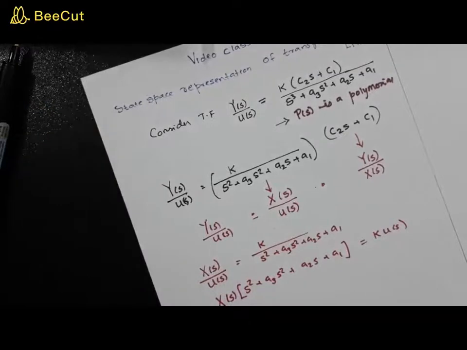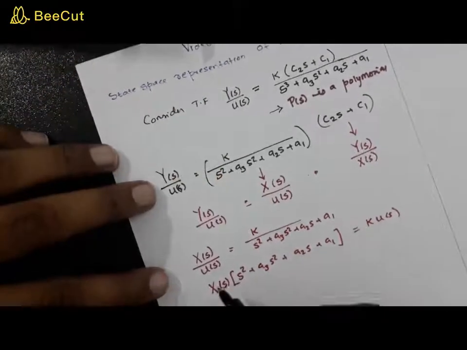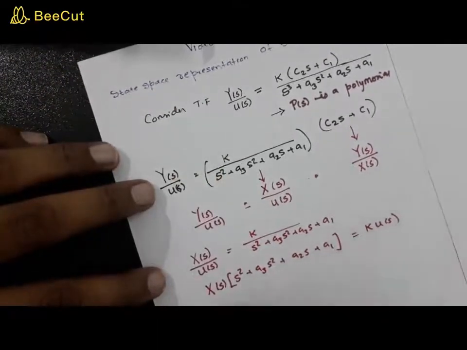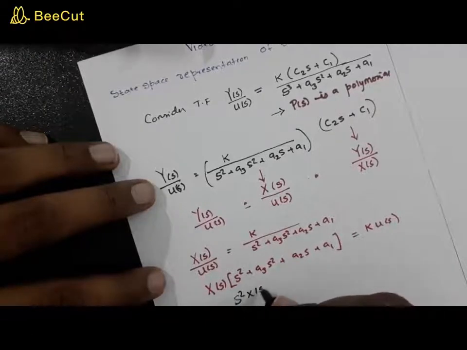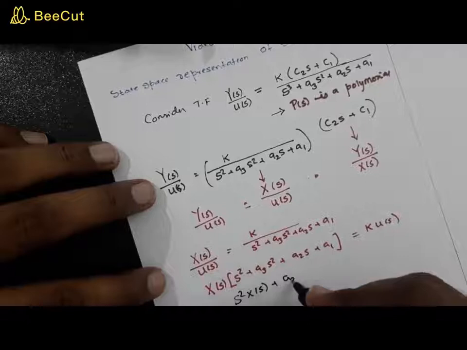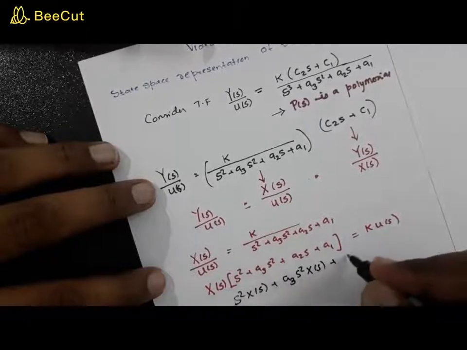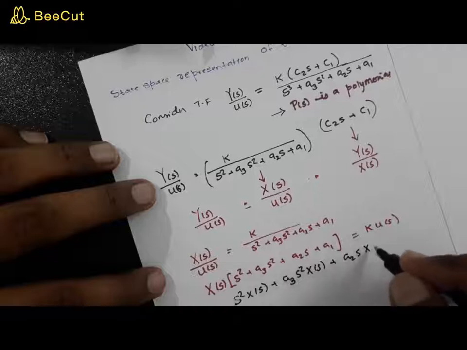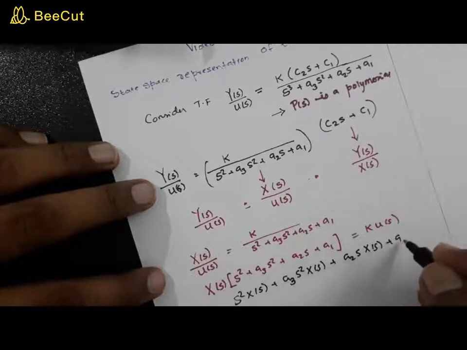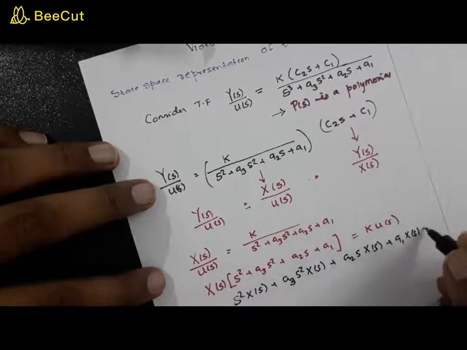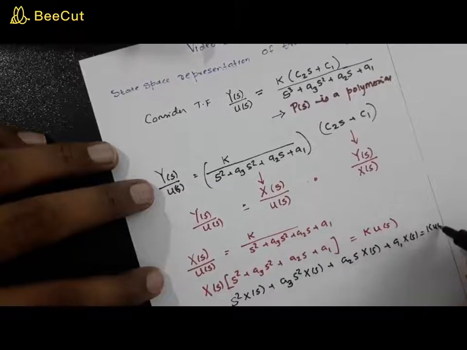Okay, now from this, as we have done yesterday, this will be equal to s cube into x of s plus a3 s square into x of s plus a2 into s into x of s plus a1 into x of s is equal to k into u of s, right?